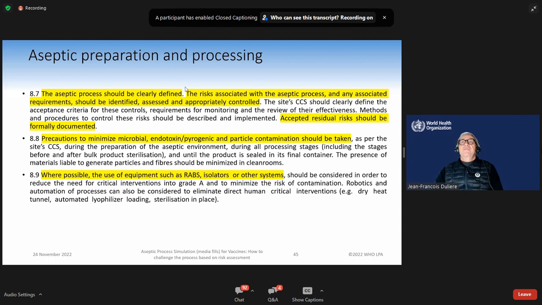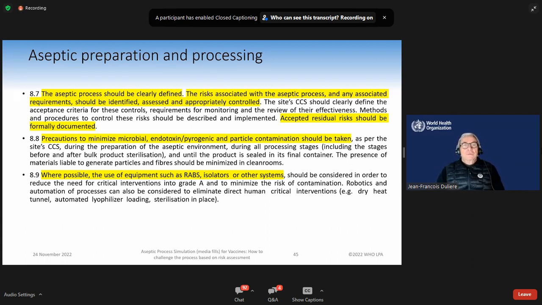So we need a process which is clearly defined. We need to identify and to know the risk associated with the aseptic process and any associated requirement, which should be identified, assessed, and appropriately controlled. And this is incorporated into the site contamination control strategy. And the residual risk should be formally documented.